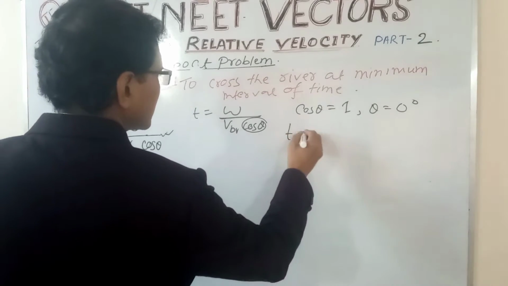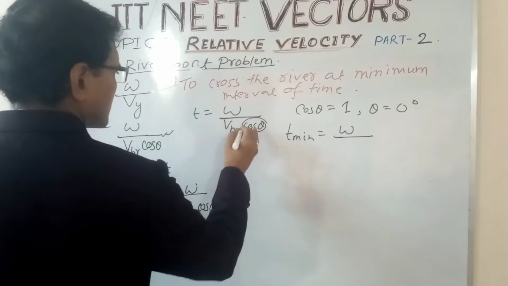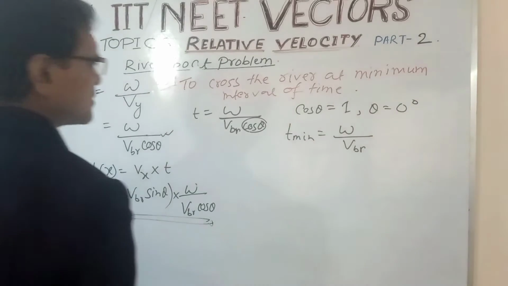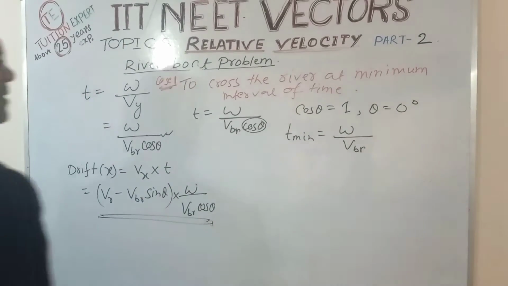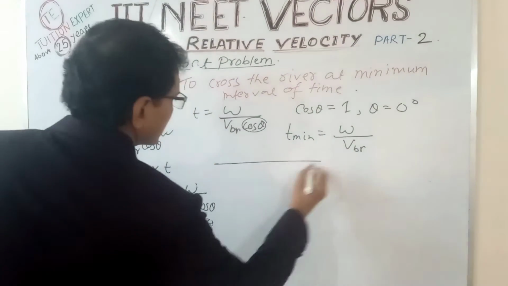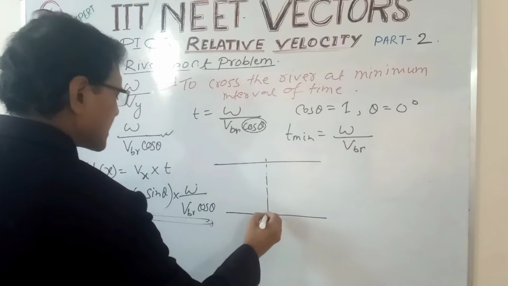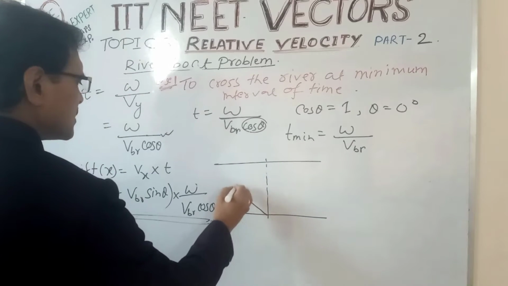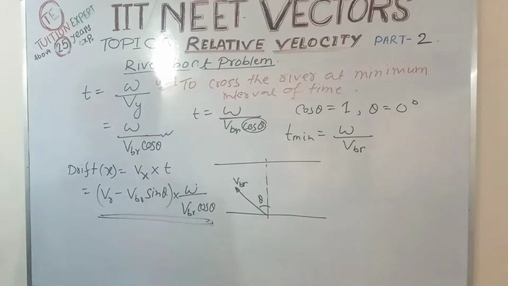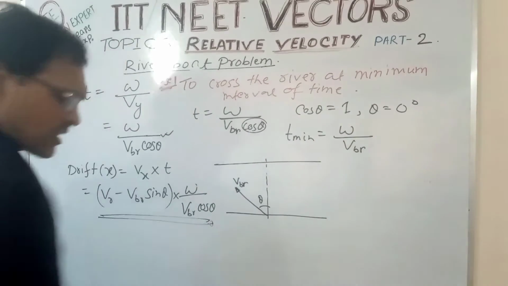The minimum value is W by VBR when theta equal to 0. Theta equal to 0 means we take theta from the vertical direction. So if this is VBR and this is theta, if the boat initially moves along this direction, that is theta equal to 0.